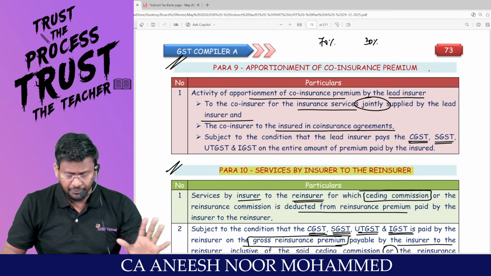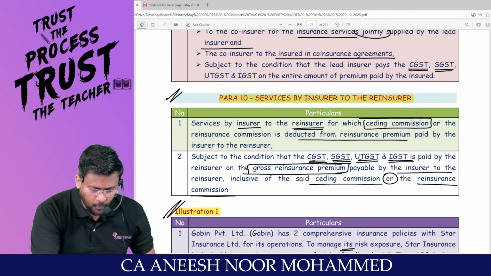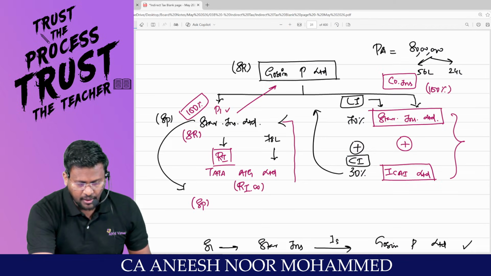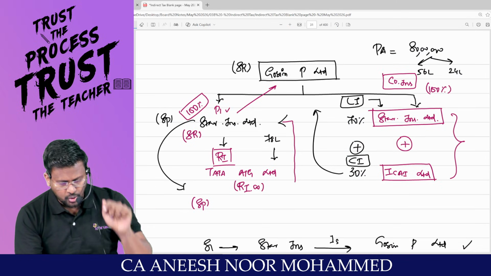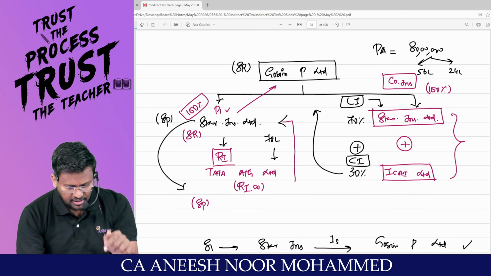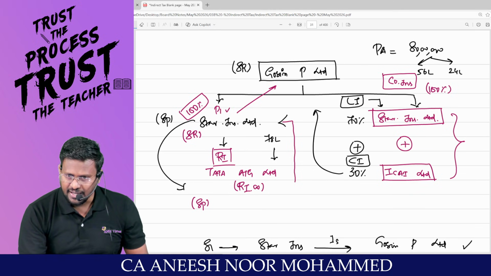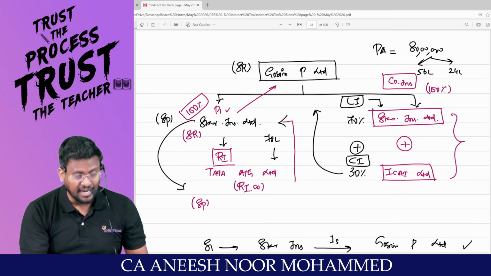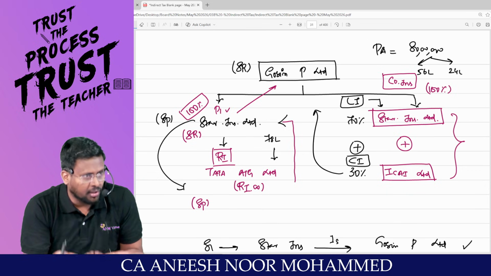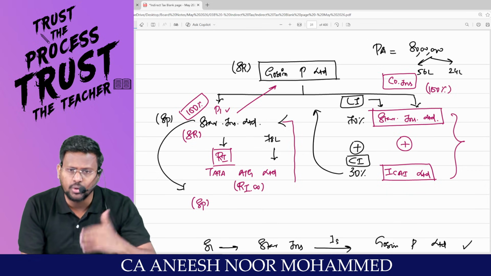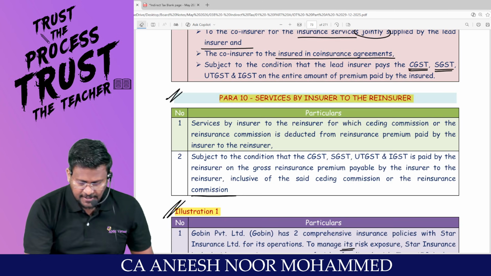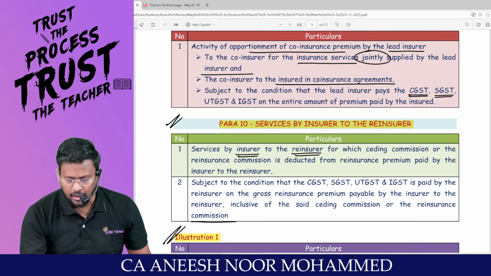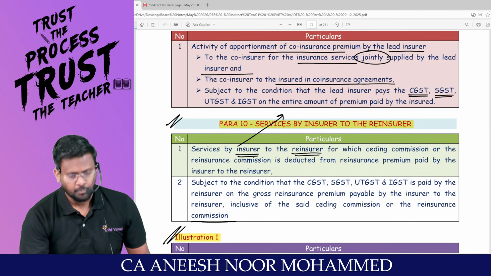Provision clear? Next, service provided by the insurer to the reinsurer. First one, sir, the main party, Gopin took insurance with Star Insurance Limited. Star is insuring with Tata AIG. So, Star is the reinsurer and Tata AIG is the insurer because they are providing insurance service to the reinsurer. Am I right? Sir, service by the insurer to the reinsurer. Who is the insurer? Tata AIG.